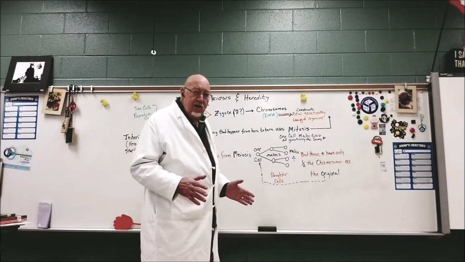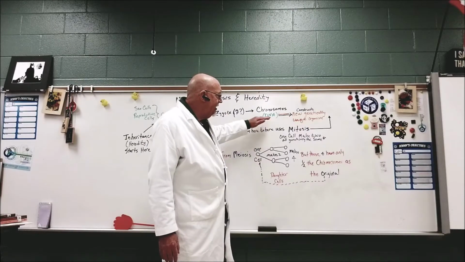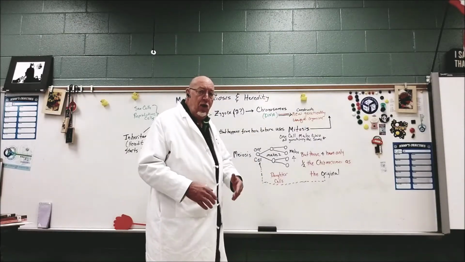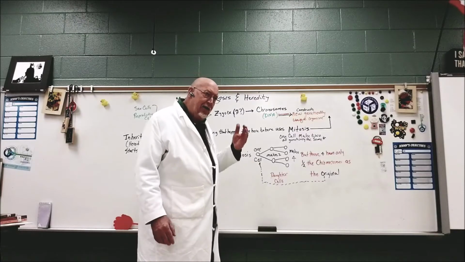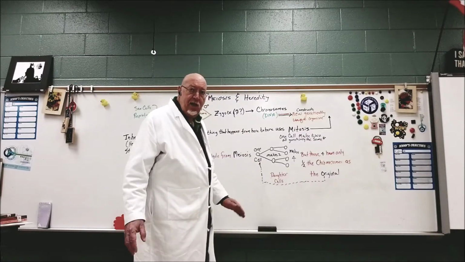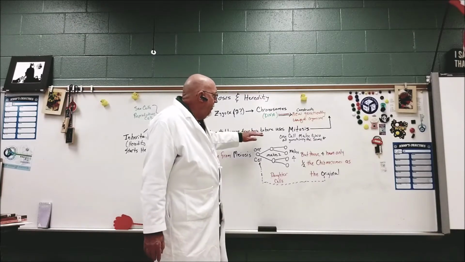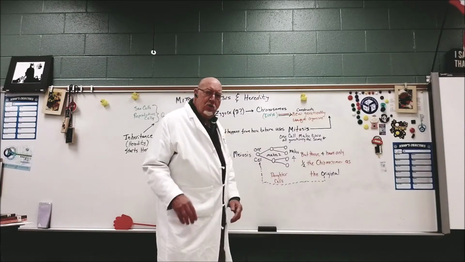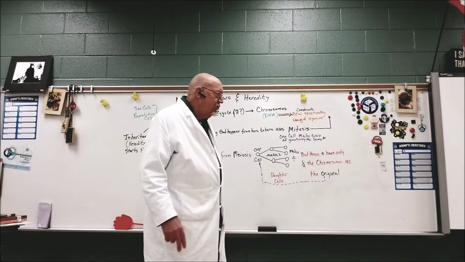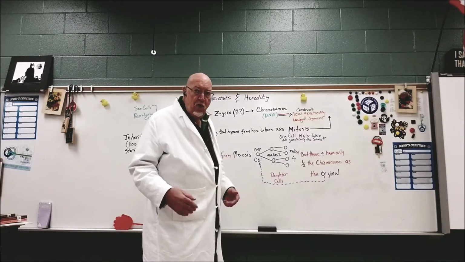And of course, there's other things going on with the DNA, because the DNA has to tell these cells where to go and what kind of cell they're going to be, whether they're going to be a skin cell or an eye cell or a brain cell or a bone cell or whatever. So all of this stuff comes from the DNA, and it all uses mitosis, where one cell divides and becomes two cells. And of course that happens over and over and over again.